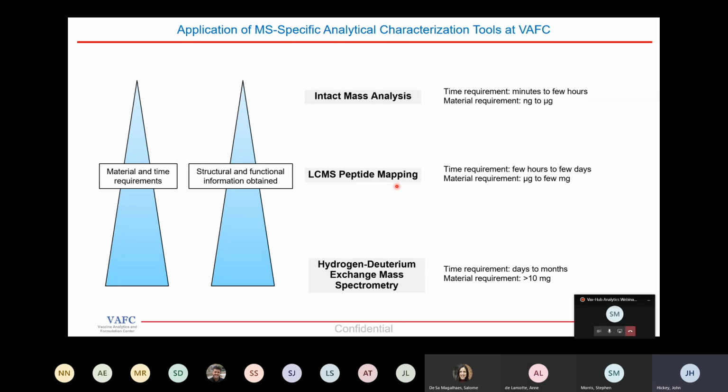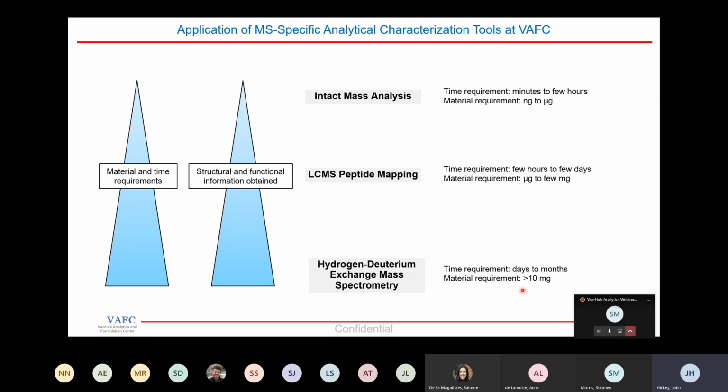With peptide mapping, it's a little bit more time and material intensive. It can be done within a day, but generally takes a few days, but you also get more information than intact mass. And then finally, hydrogen deuterium exchange mass spectrometry requires much more time and material, but on the flip side, you get much more structural and functional information.